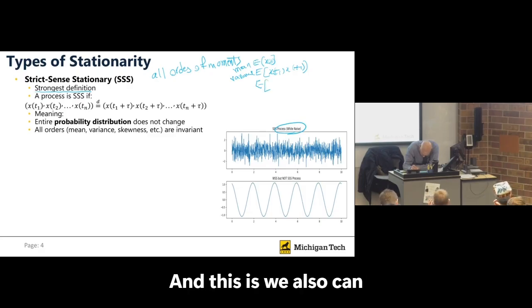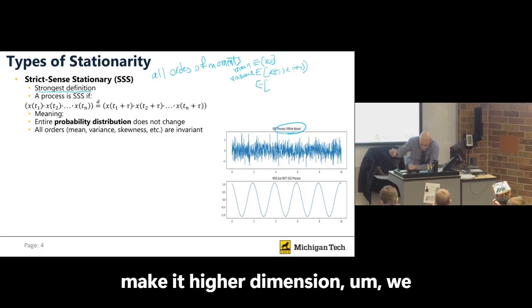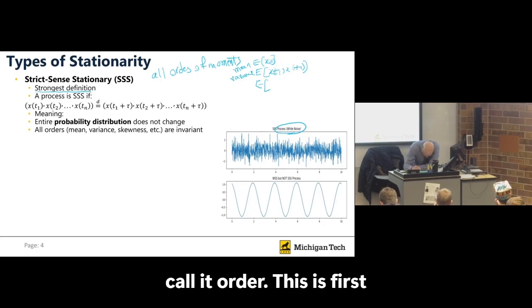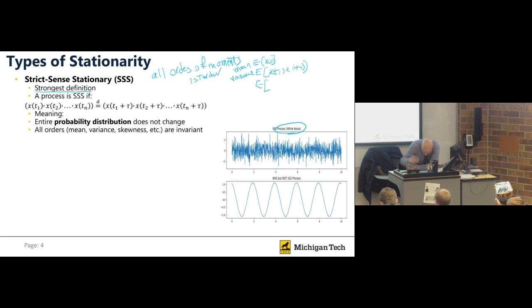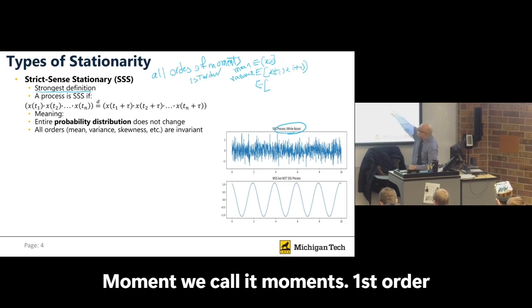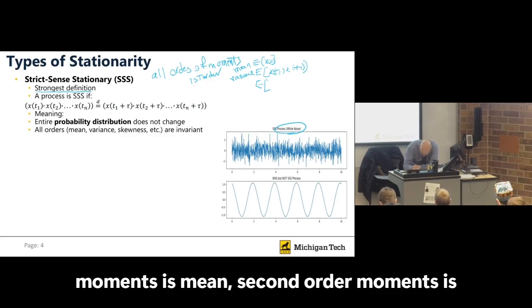And we also can make it higher dimension. We call it order. This is first order moment. We call it moments. First order moments is mean. Second order moments is variance.